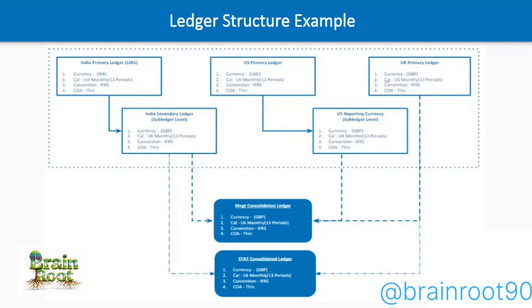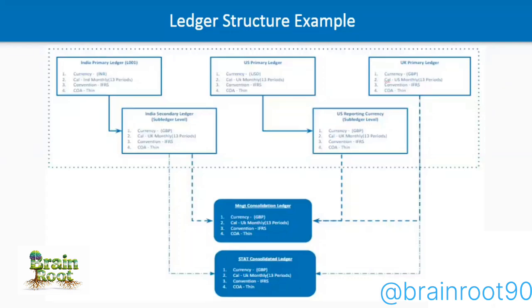We pass many times some elimination JVs when there is some buying and selling of goods or services between UK and India. It is a kind of inflating your revenue just by selling and buying between the two entities. Many tax authorities, reporting authorities and stock exchanges say this way you are just inflating your revenue.